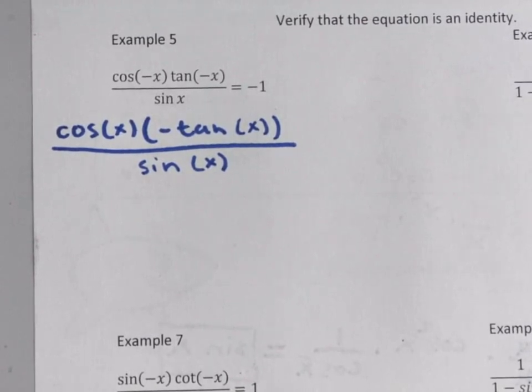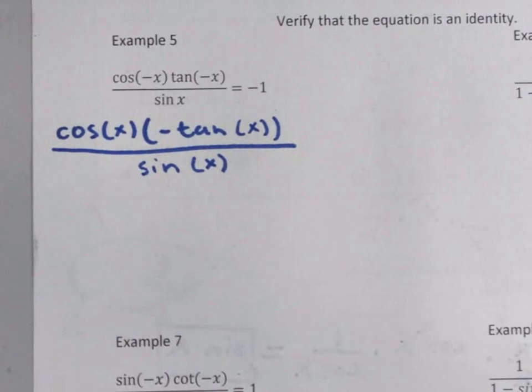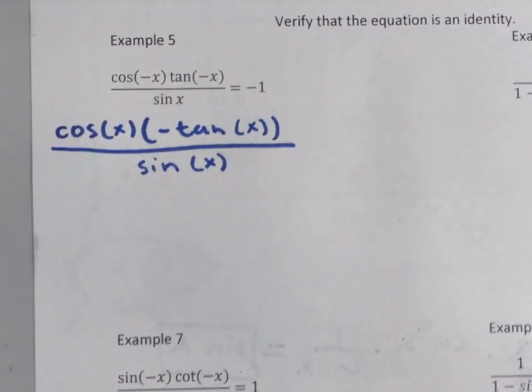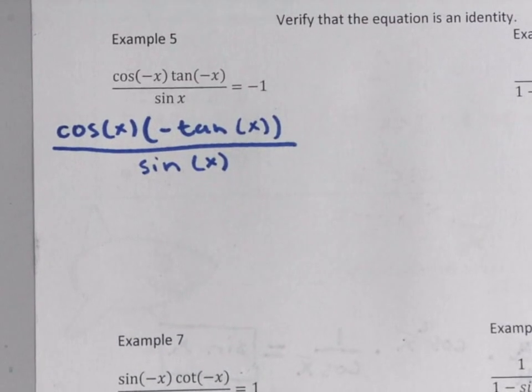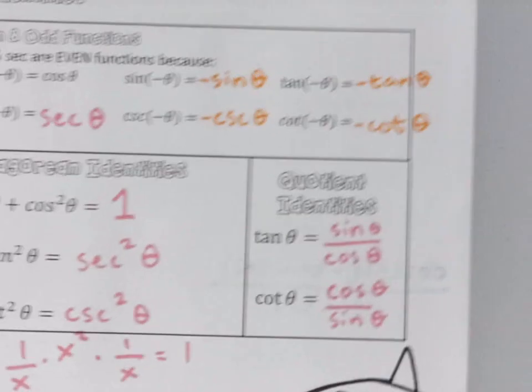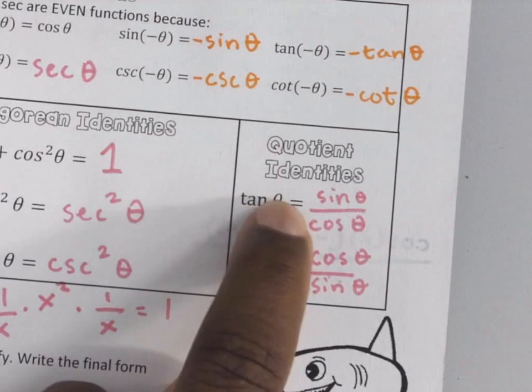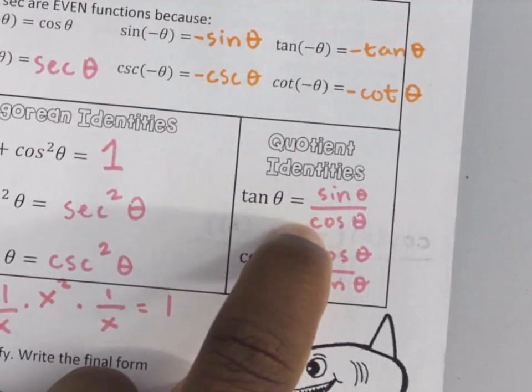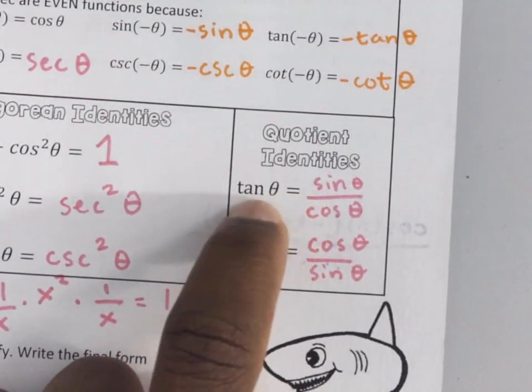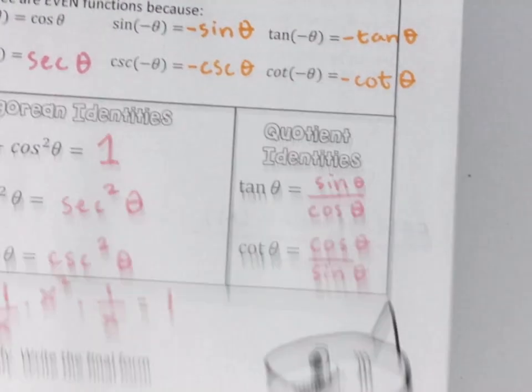What do we do? You tell me. I see some sine and cosines. Maybe I'll change tangent. Okay, what can I change tangent to? What goes on top, sine or cosine? Sine. I can rewrite it as sine over cosine. Okay. So I'm not going to change cosine.